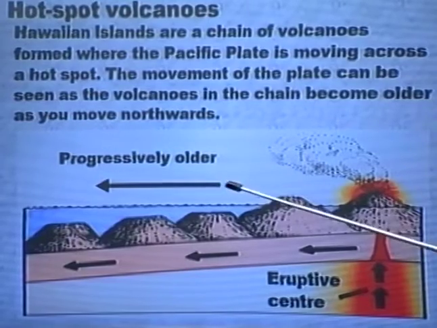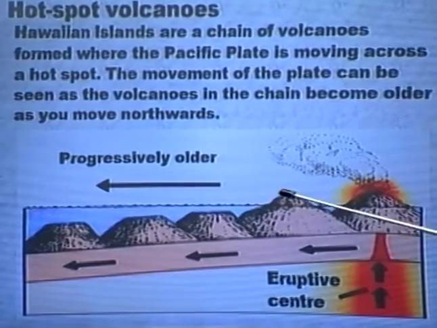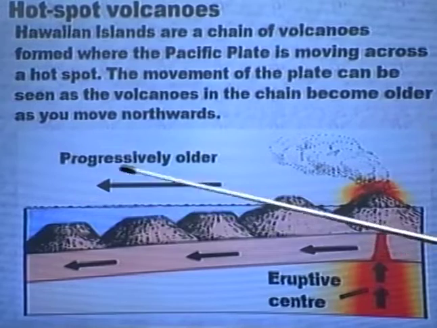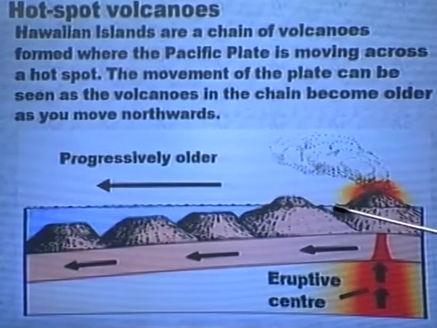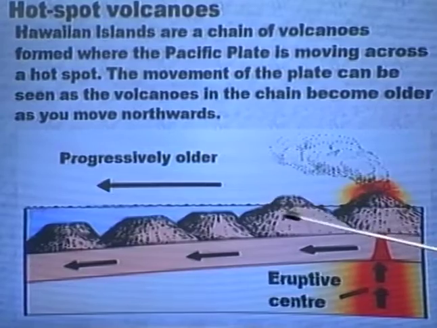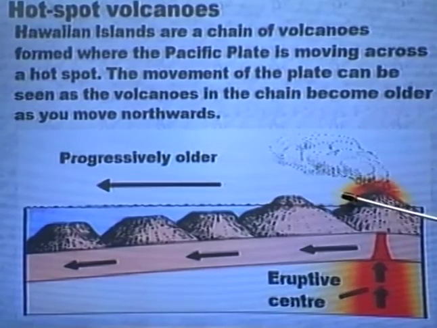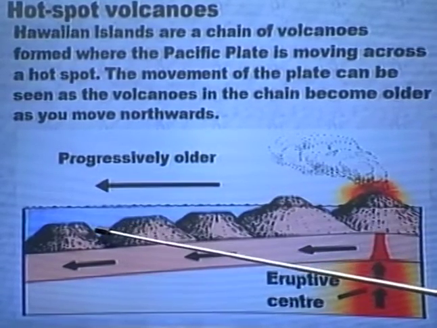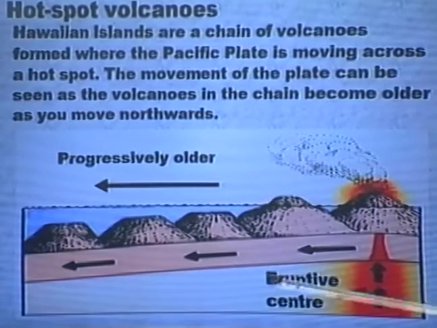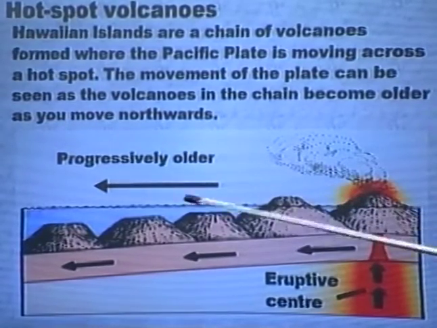The direction in which this plate has moved, according to the information here, will be towards the east or west. From where you are sitting, it will be to the west. So this plate is moving to the west.